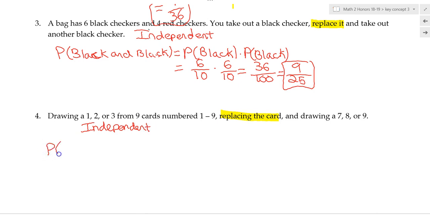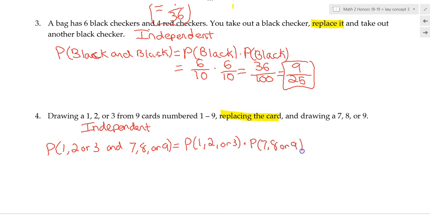So the probability of 1, 2, or 3 and 7, 8, or 9: I have 3 options out of 9 times 3 options out of 9.